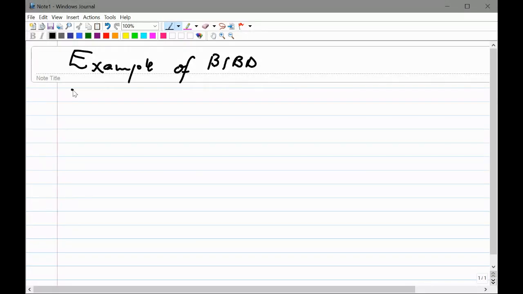So we're told that we have treatments, which are given by 1, 2, 3, 4.